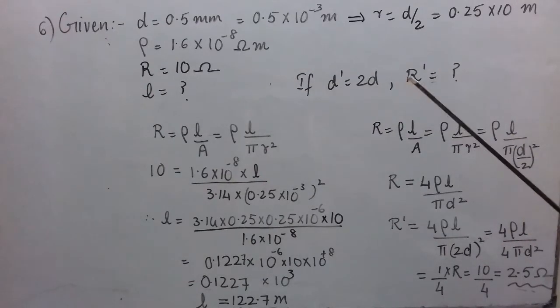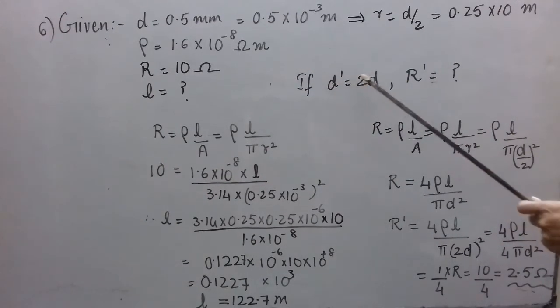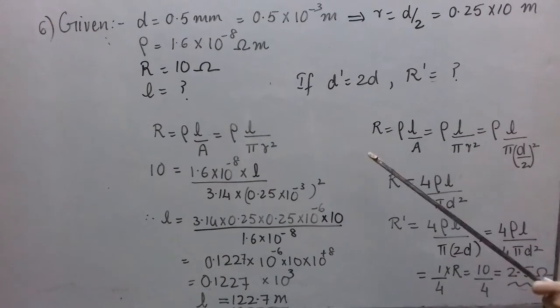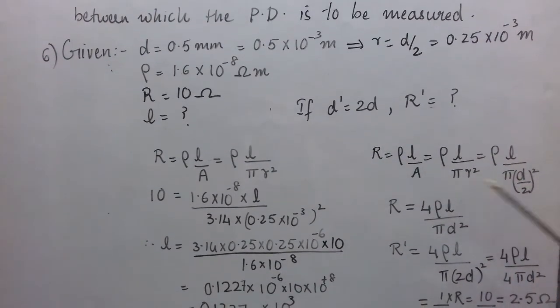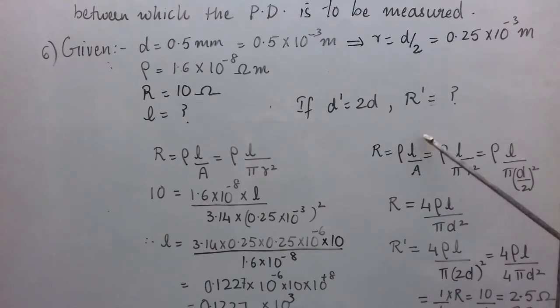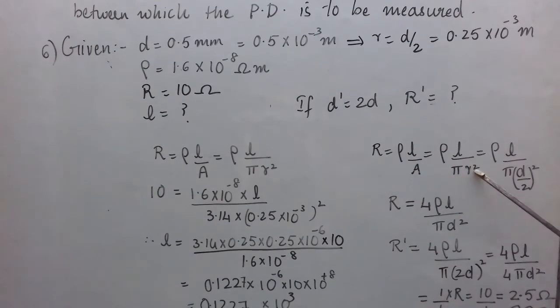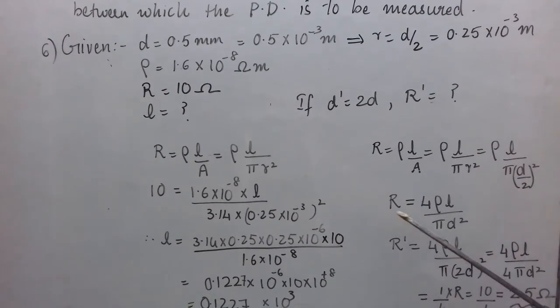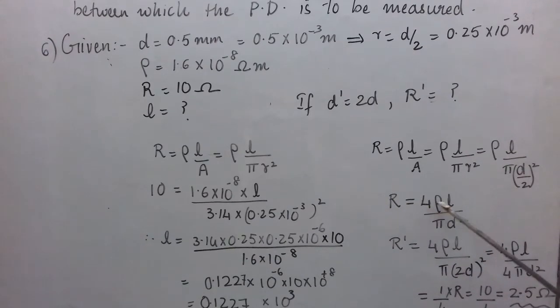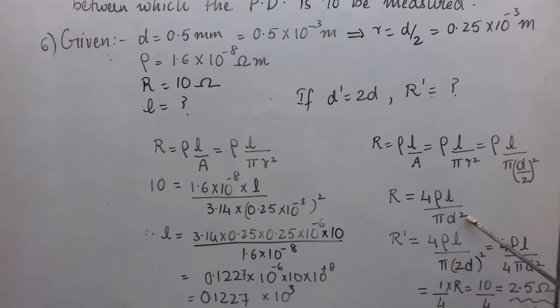Now the question is, how would the resistance change if the diameter is doubled? Okay, so we know that if we write this R in terms of diameter, we can proceed this way. R is rho L over A, area is pi r square, and r is d by 2, as I have told you there. So you can write this expression after simplifying as resistance is 4 rho L over pi d square.